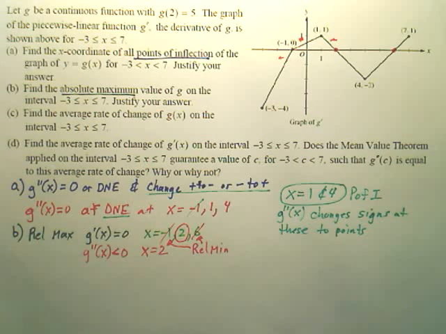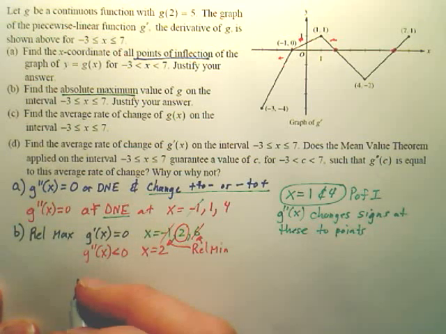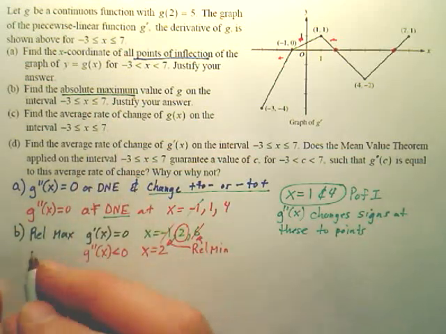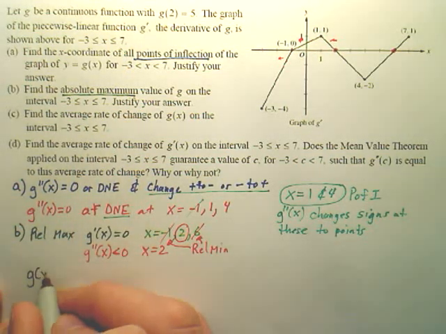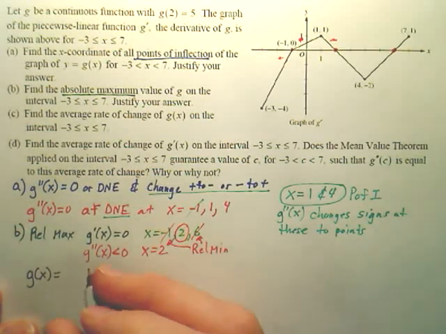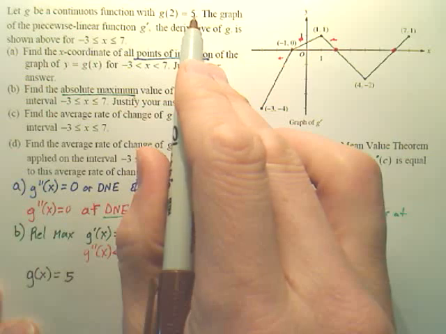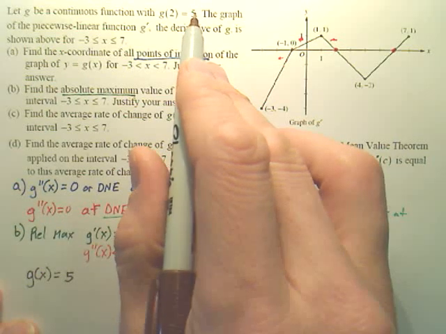So to find the absolute max, we have to plug in the endpoints and 2. Now, how do you find the actual value of these functions? Well, it's kind of interesting. G of x starts at 5 when x is 2.